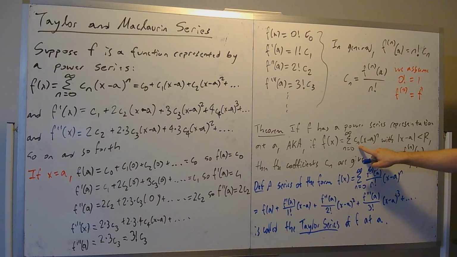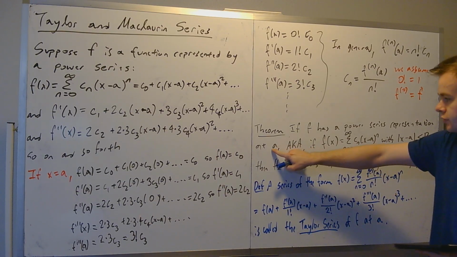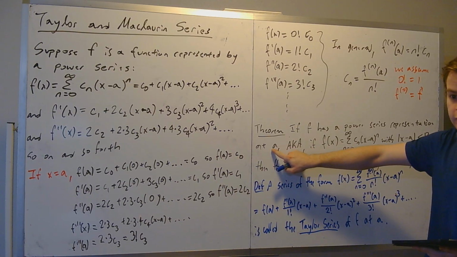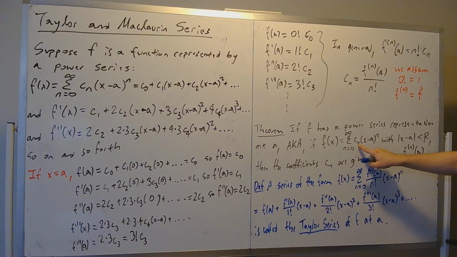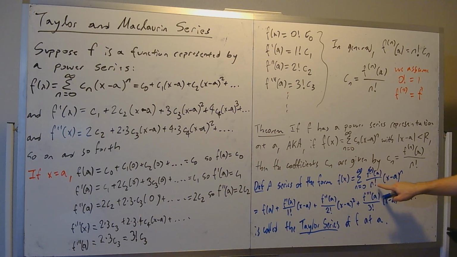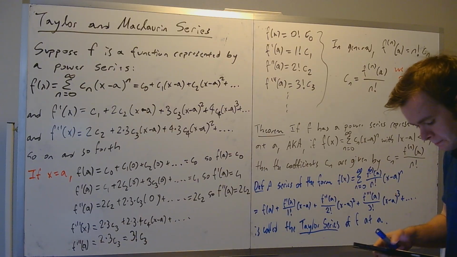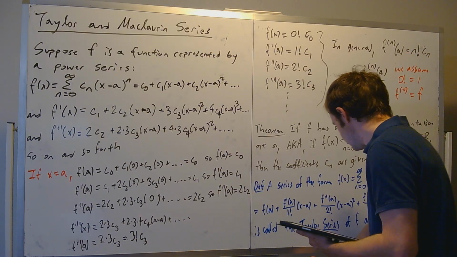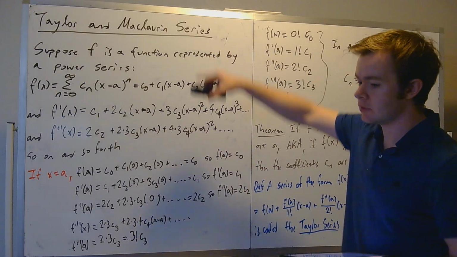So this up here, this was our power series, and we said if we have a power series representation at this specific value of x, a, then we can expand these coefficients using this formula, and if we do that, then we'd call this form of the power series the Taylor series.